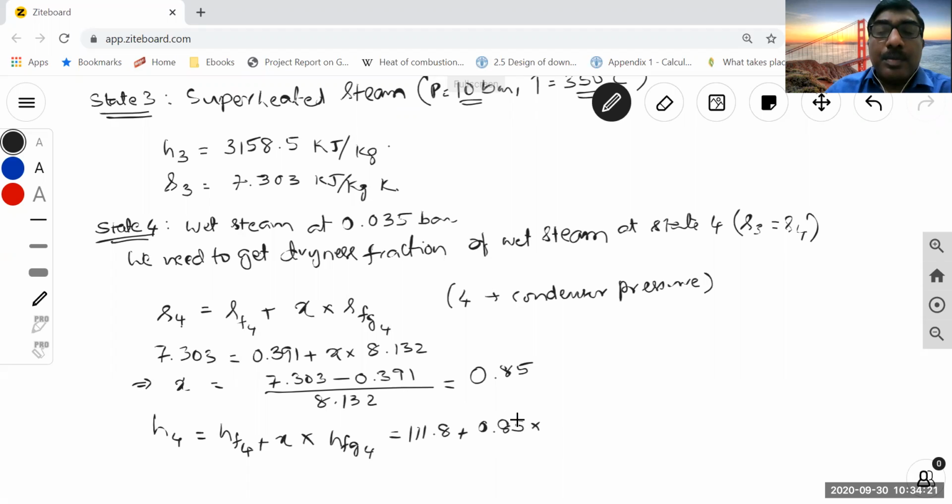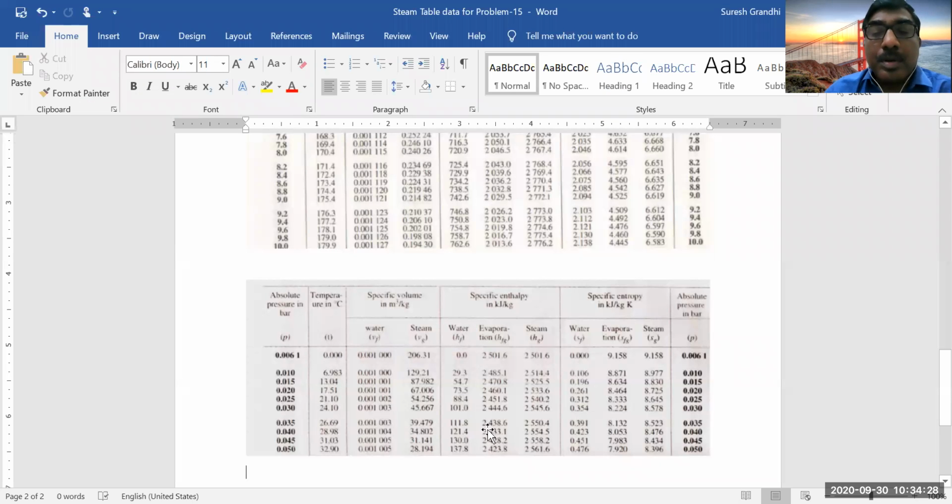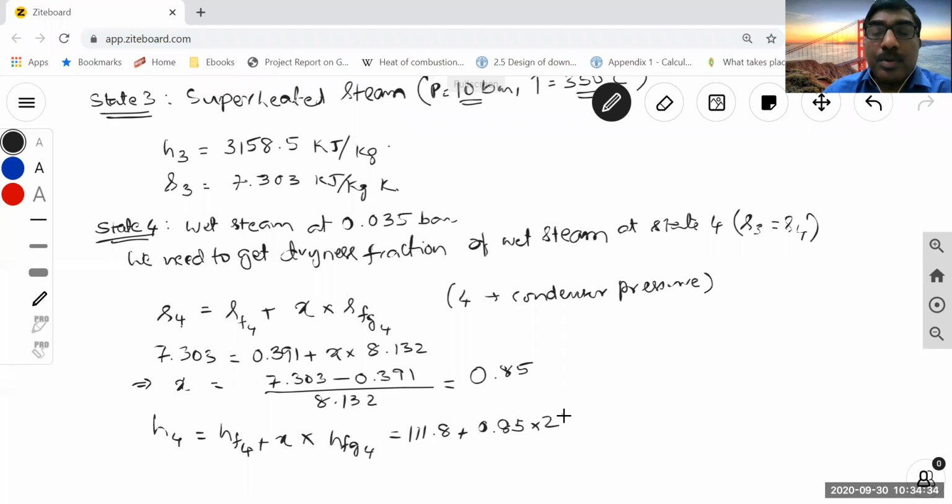0.85 into 2438.6. This is equal to 111.8 plus 0.85 into 2438.6.